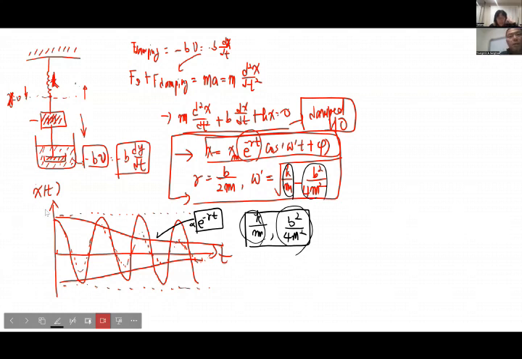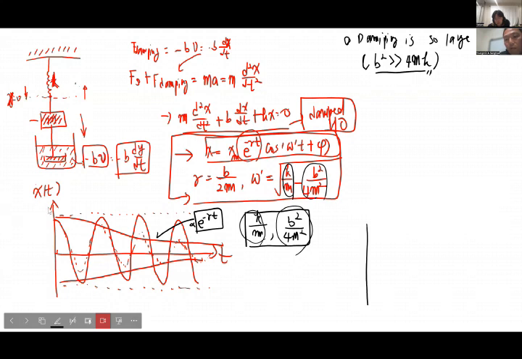Number one, if the damping is really large, which means the second term, b squared, is much bigger than 4mk, then your plot of this amplitude will be like this.